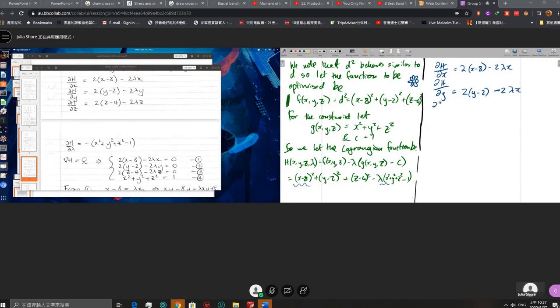And then our dh dz is equal to 2 outside z minus 4 minus 2 lambda z. All right, and then our lambda one, dh d lambda is just equal to minus x squared plus y squared plus z squared minus 1.